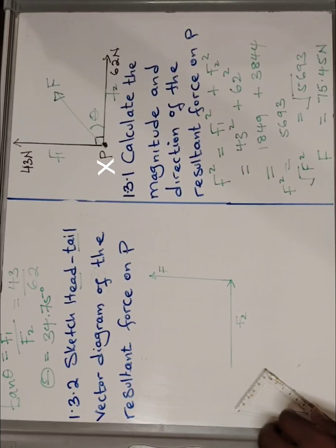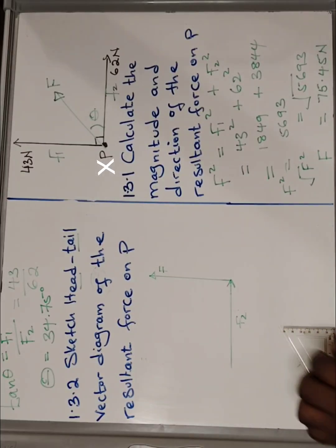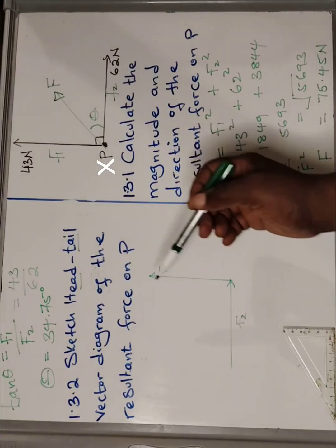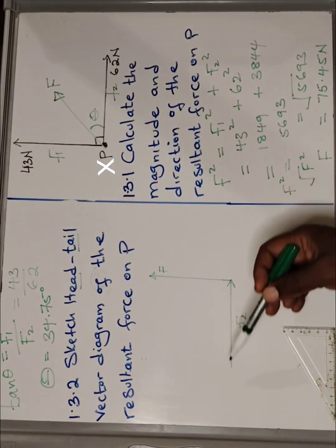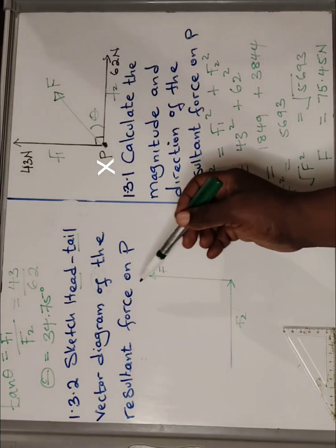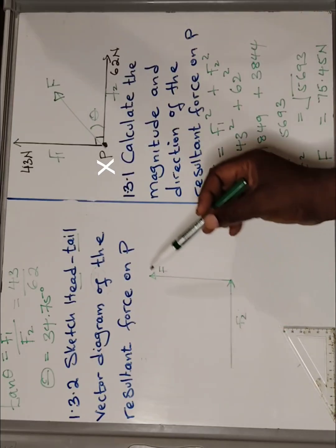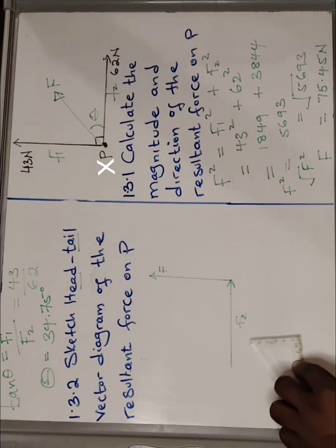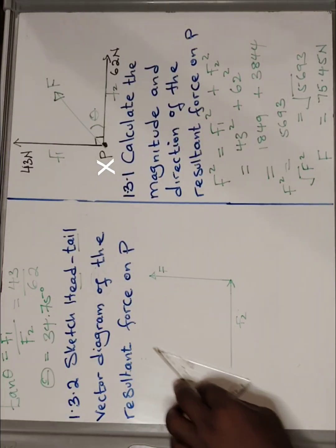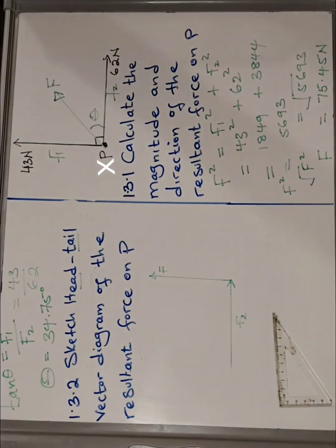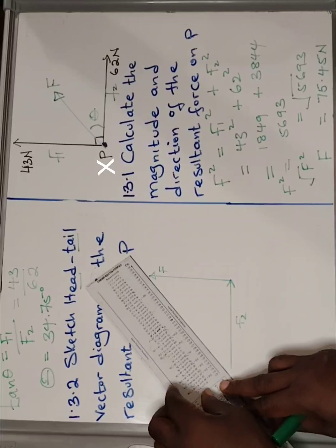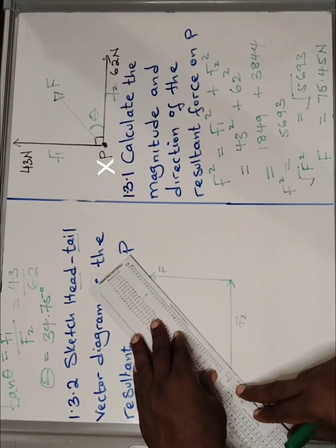So where is our resultant going to be? Now you have to know that the resultant must be in this direction. If this one is coming like this and this one is going up, the resultant is supposed to be in the same direction. So let us have it. So in drawing our resultant, this is what we have to do.